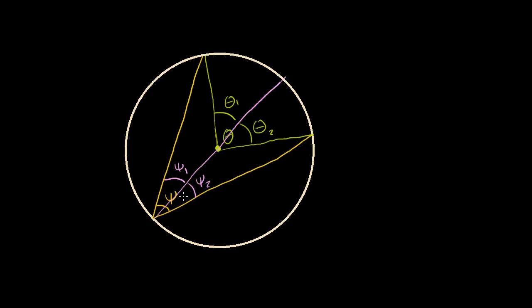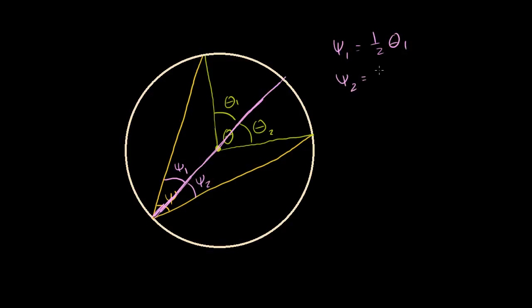We immediately know, just using the result I just got, since we have one side of our angles in both cases being a diameter now, that psi 1 is going to be equal to 1/2 theta 1. And we know that psi 2 is going to be 1/2 theta 2.